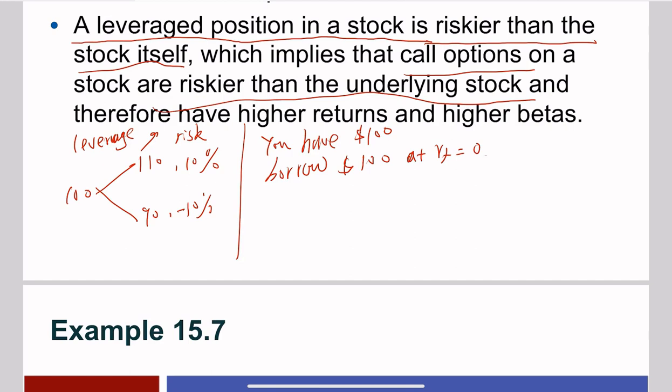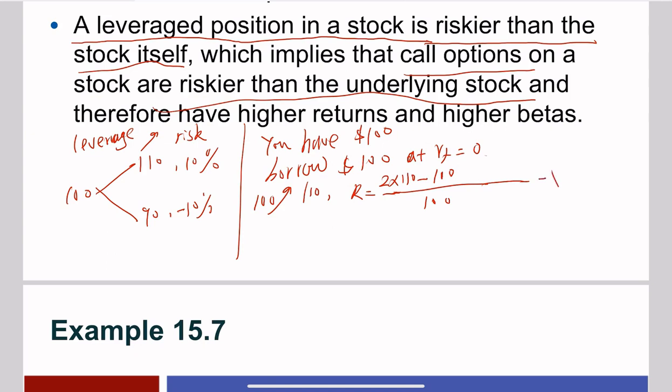Now let's see what your return is. If the stock price increases from 100 to 110, your return would be your final payoff, that is 2 times 110, because you have 2 shares, minus the $100 you borrowed, divided by your initial investment of 100, minus 1.